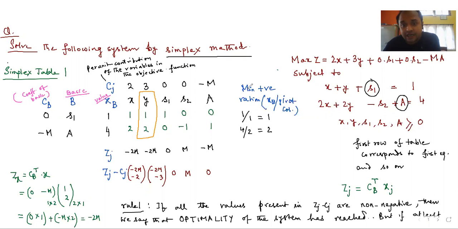The answer is 2. Remember that here it is written minimum positive ratio. So if in some problem you get a negative ratio, that should not be considered. Or if you get something divided by 0, then that cannot be calculated. So every ratio considered over here should be a positive ratio. Okay, so we have constructed it.